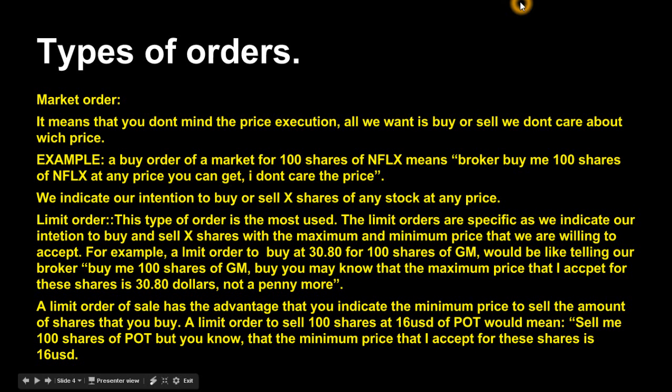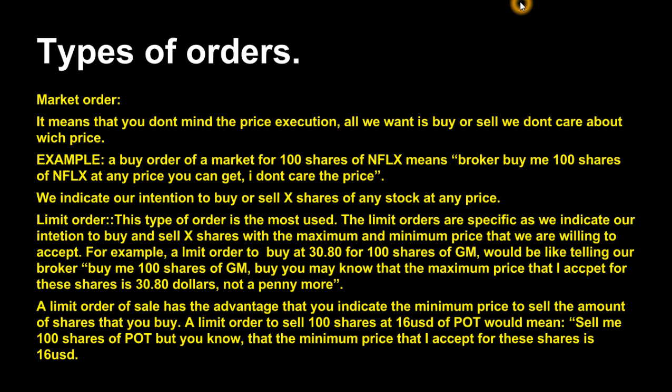Okay guys, to understand what I explained before, we need to know which types of orders exist in any market. There are two really important ones, and with almost all the broker services around the US stock market, we have these two types of orders. The first one, and the most aggressive, is the market order. It means that you don't mind the price of execution. You only want to buy or sell.